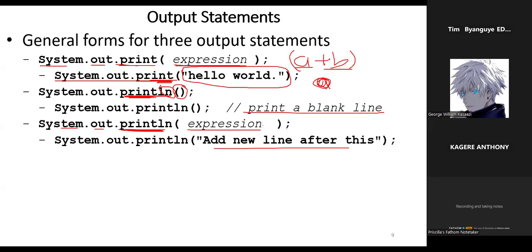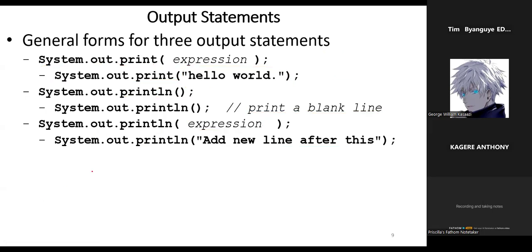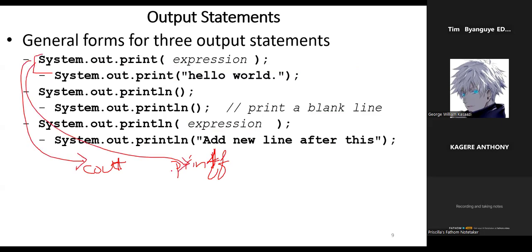I wonder if this reminds you of something about the use of, let's say, cout and printf. By default, printf and cout work like this. They work like the System.out.print. So if you're trying to see how the two languages are related, cout is the equivalent of System.out.print for those of us who are learning C++.